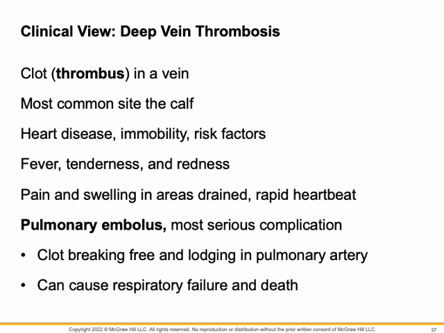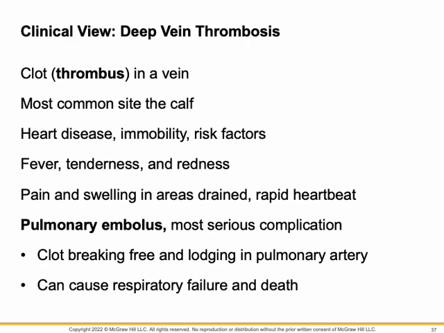It's not always just the DVT that's the issue. It's the fact that a DVT could then mobilize. That clot could move, and when a thrombus or clot moves, now it's called an embolus, so you have an embolism. An embolism is just a clot that has now moved.